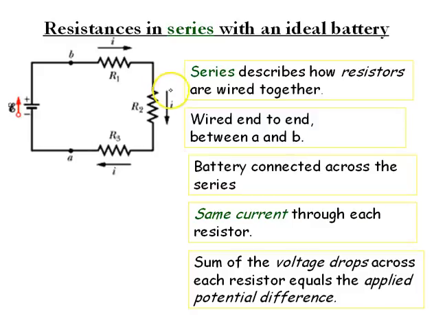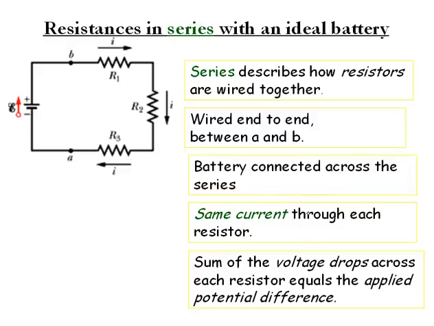So it's resistors in series with an ideal battery here. Series defines how they're wired together, but we know that means they share the same current. So here they're wired end to end between A and B, these resistors, and the battery then is connected across all these resistors wired in series. Same current through each resistor.